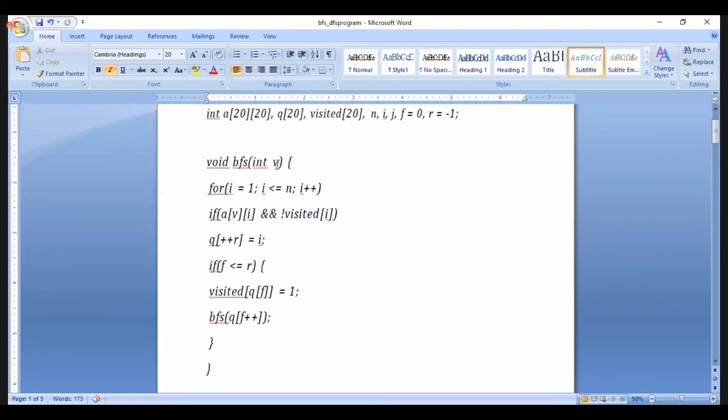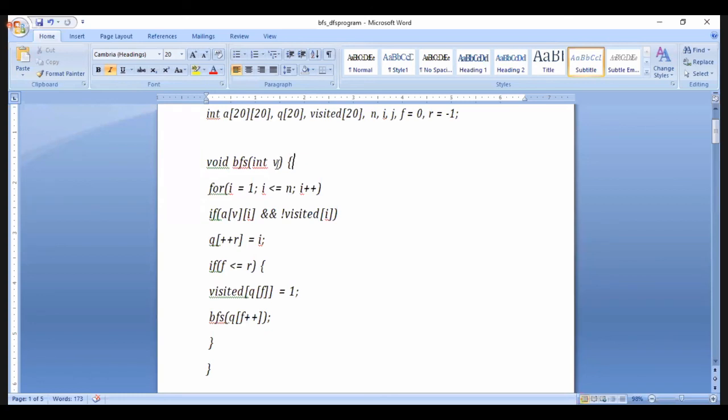V can be any integer. Right? Okay. Look here. The only intention here is BFS of int V: I come with that particular vertex and check it. If it is not visited, I place it onto the queue.